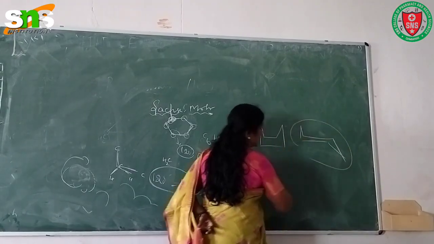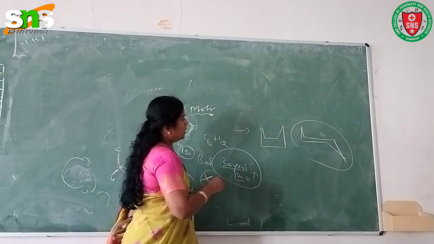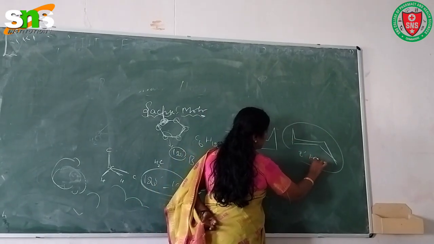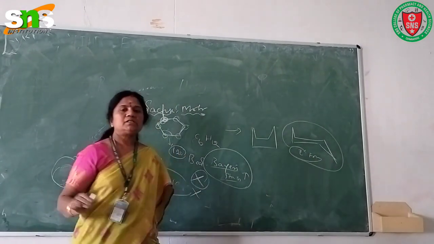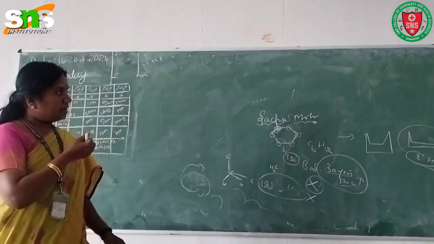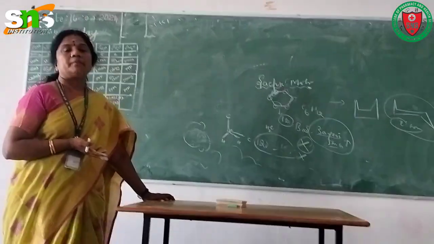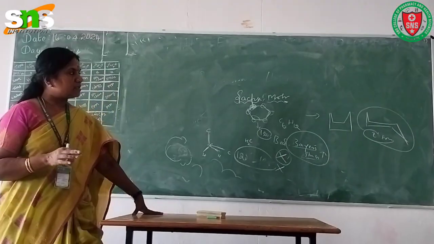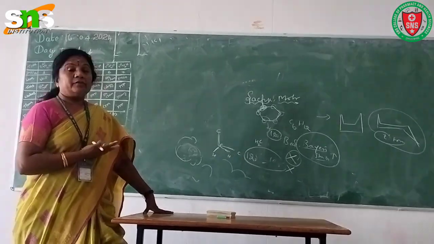In order to attain stability, we are considering the chair form. Most of the cyclohexane, if you take a cyclohexane bottle, it is in liquid form, and most of the carbon atoms and their surrounding hydrogen atoms exist in chair form.